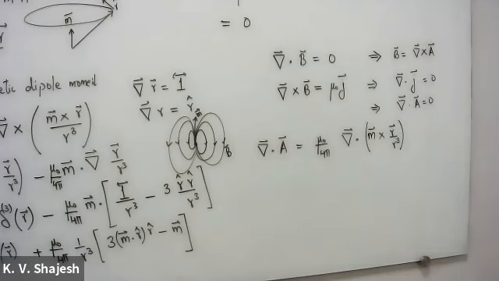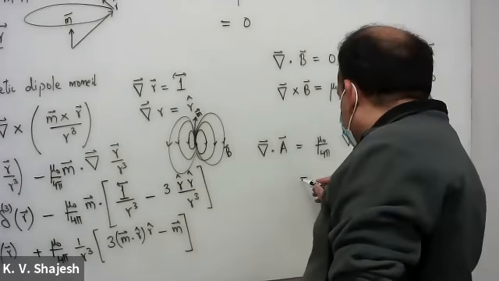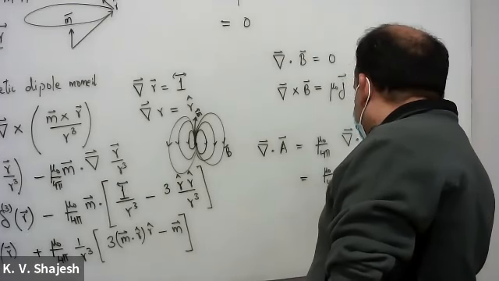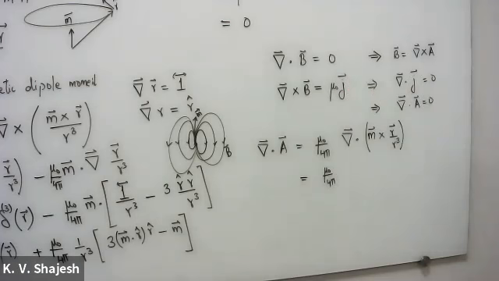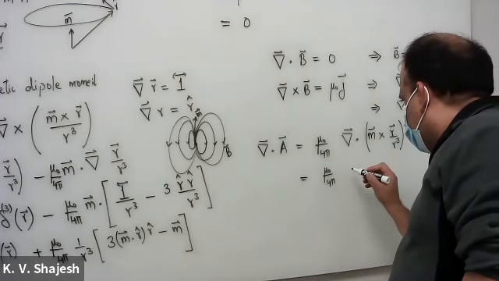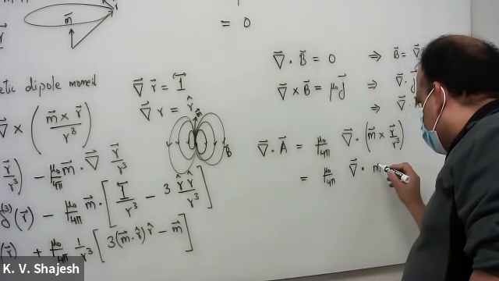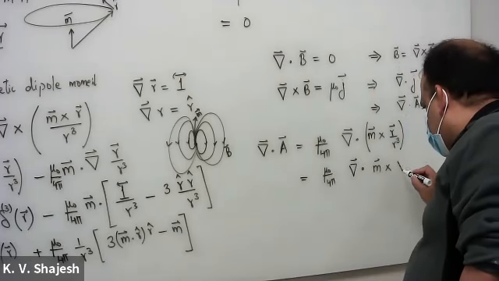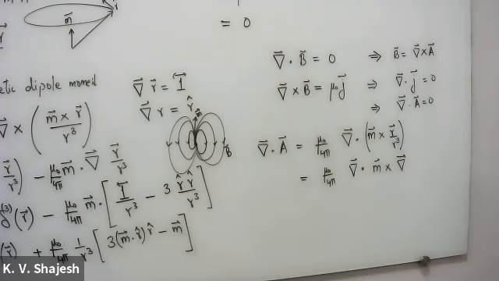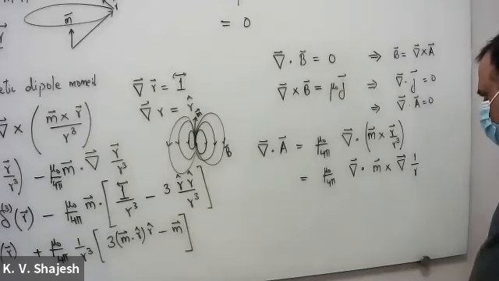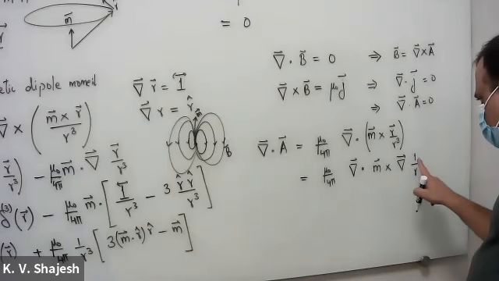Instead of doing the actual evaluation, there is a simplicity you can use. Use the property that the electric field can be written in terms of an electric potential. So what we have is del dotted with m and then crossed with another gradient operator of 1 over r, with the minus sign if you want.